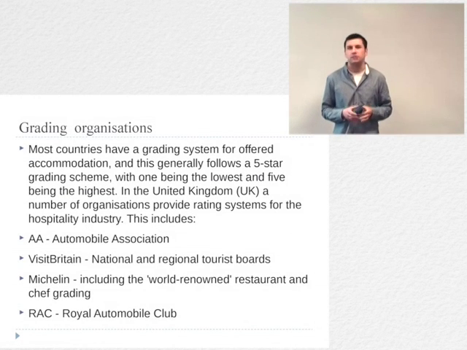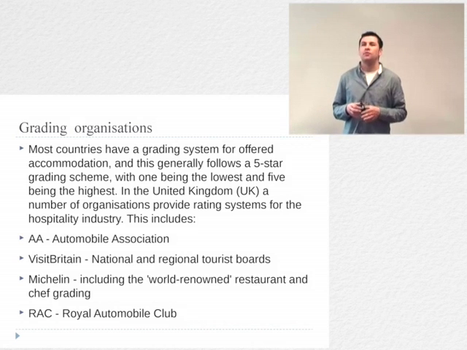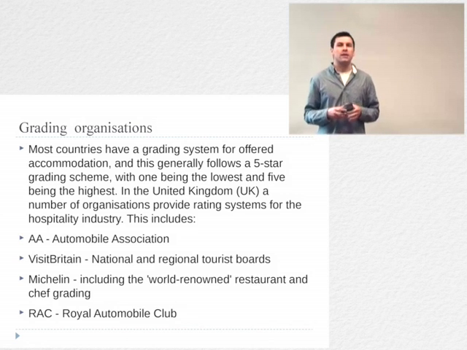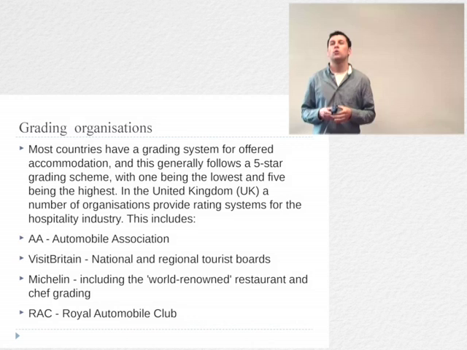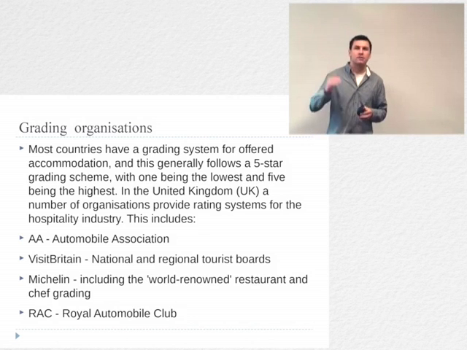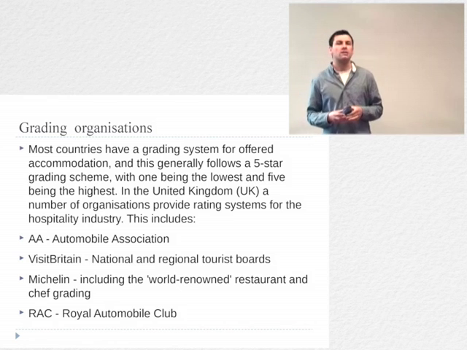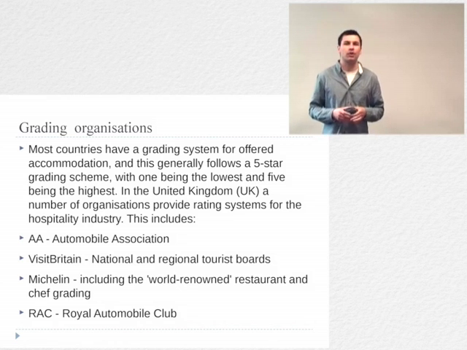Grading organisations. Most countries have a grading system for offered accommodation, and this generally follows a 5-star grading scheme, with 1 being the lowest and 5 being the highest. In the United Kingdom, a number of organisations provide rating systems for the hospitality industry.